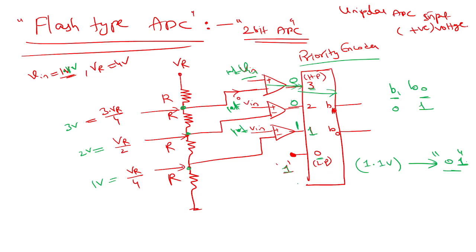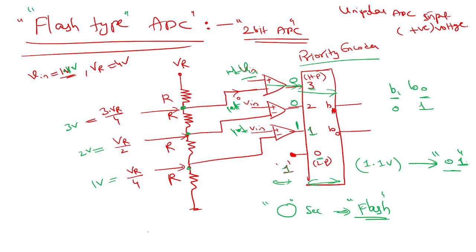If I assume the comparator delay and priority encoder delay are negligible, it will ideally take 0 seconds. That means flash. Within no time, you get B1 and B0, no matter whatever Vin you apply. That's why it is called flash type.